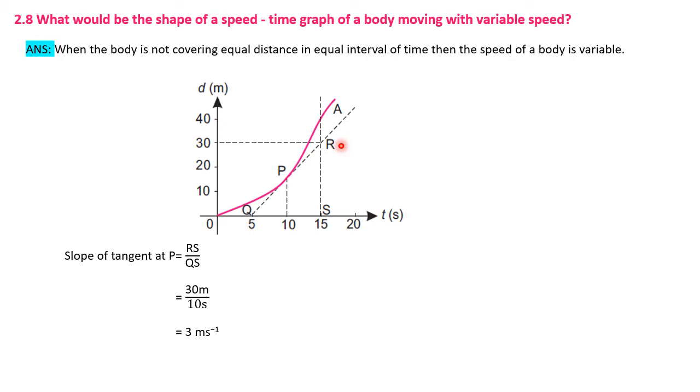The value of RS is 30 meters, whereas the value of QS is 15 minus 5, which is 10 seconds. By solving them, we get the value 3 meter per second. So this is the speed of a body which is moving with variable speed.